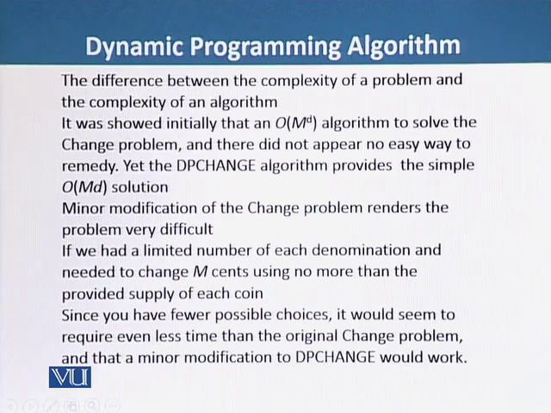So about the difference between the complexity of a problem and the complexity of an algorithm: initially the running time of the recursive algorithm is big omega of m raised to the power d, and it solves the change problem, with no easy remedy. But the dynamic programming change algorithm provides an even simpler method, and its running time is big O of m times d.